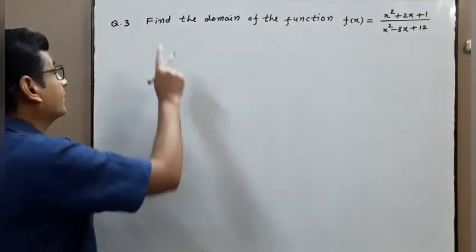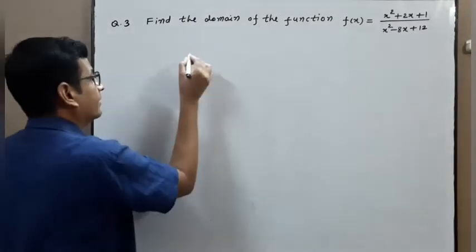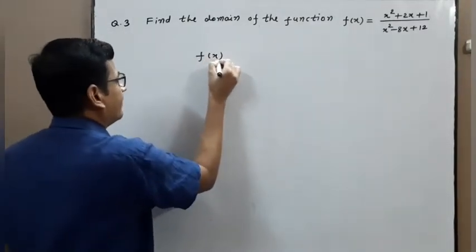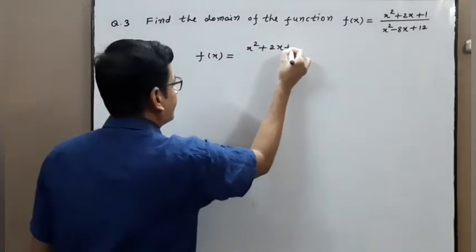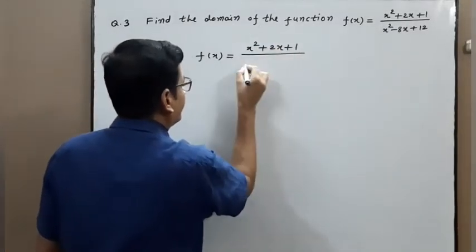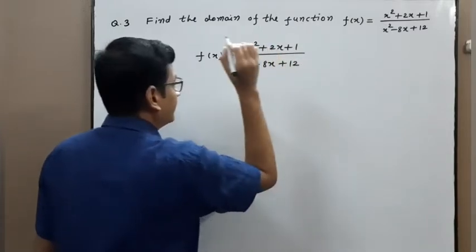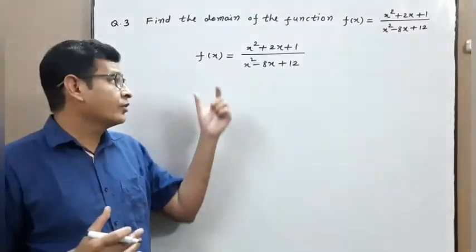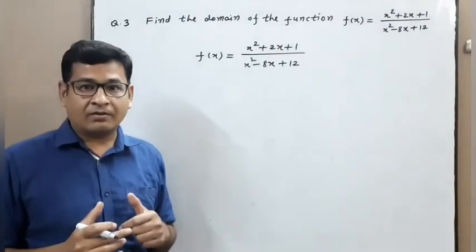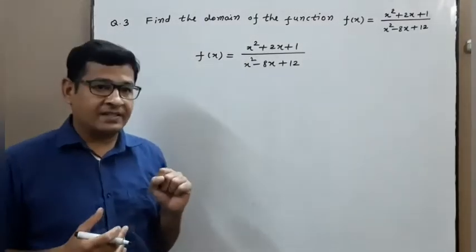Next problem. Find the domain of the function f(x) equal to this. First write the function f(x) equal to (x squared plus 2x plus 1) upon (x squared minus 8x plus 12). Domain of a function is the set of elements x for which f(x) is real.